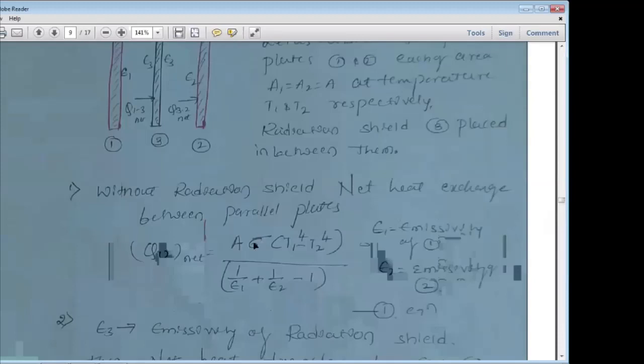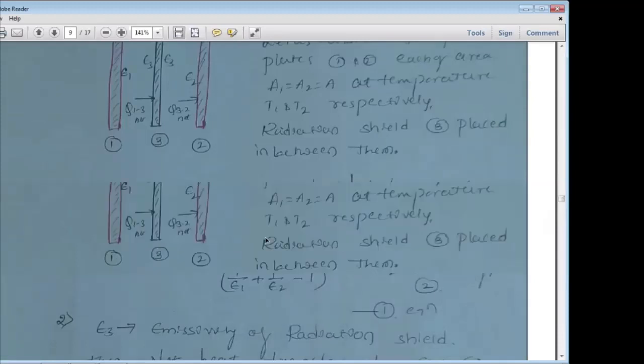Not diffusivity, not absorptivity. Sigma is the Stefan Boltzmann constant. A is the surface area of plate 1 and plate 2.